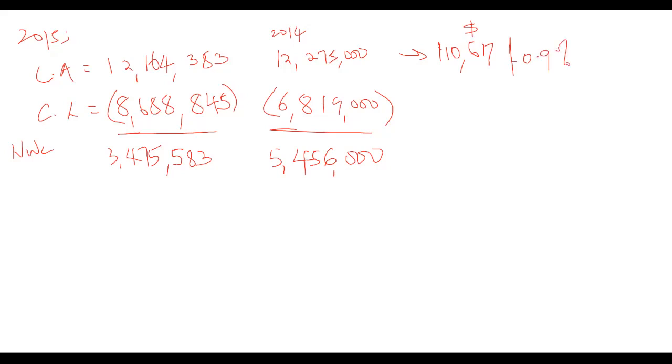So the company's current assets are decreasing by 0.9%. Now in the case of the liability, it is increasing from 6 million to 8 million. So what is the percentage increase in current liability? The assets are decreasing, but what about liability? What's the rate of increase?